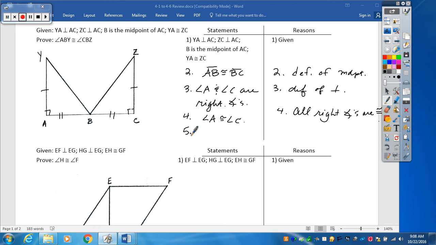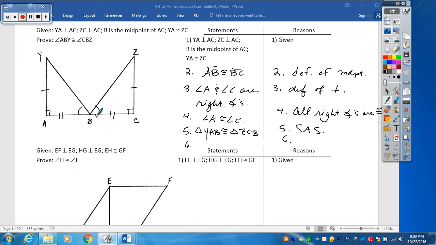So I can put down number 5. Side angle side, triangle YAB is congruent to triangle ZCB. Now if that's true, angle ABY, this angle here, and angle CBZ, that angle there, would have to be congruent.